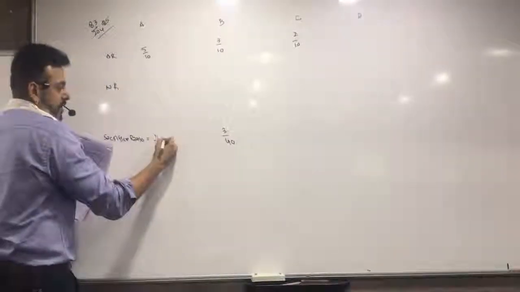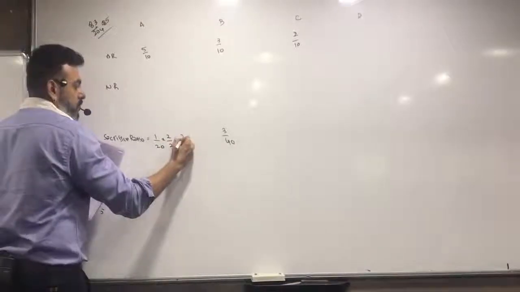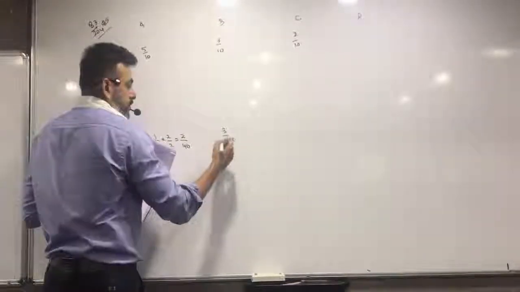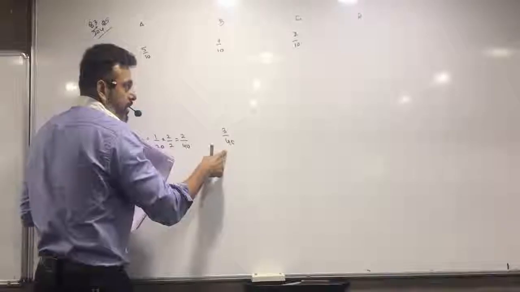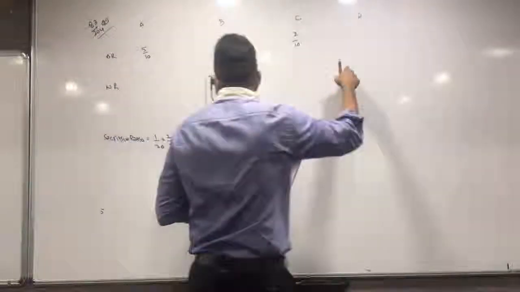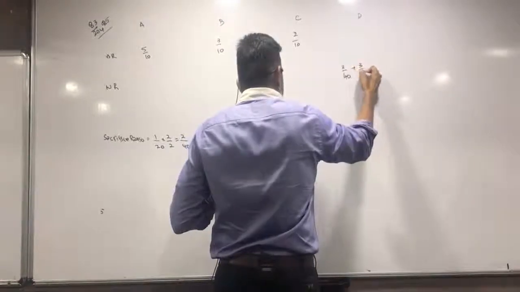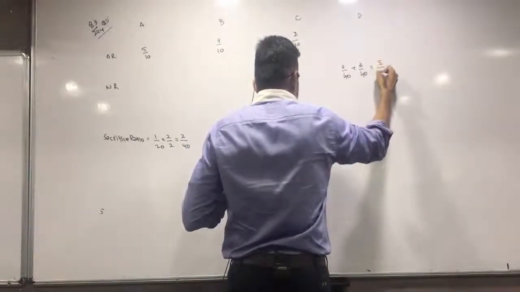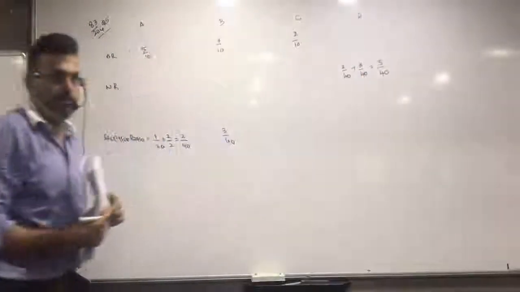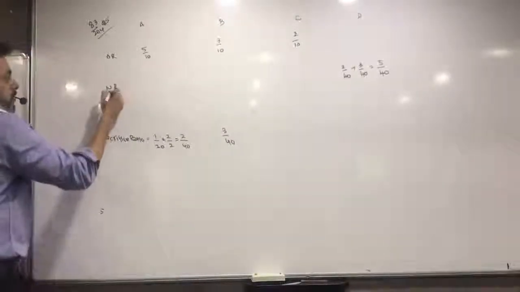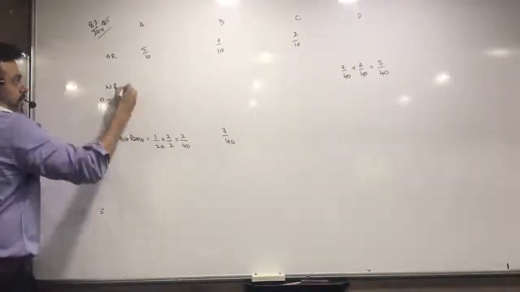How do we make it same? Into 2 by 2, which is 2 by 40, and this is 3 by 40. So the gain of D is 2 by 40 plus 3 by 40 is equal to 5 by 40. We keep it as it is. New ratio is equal to old minus sacrifice.